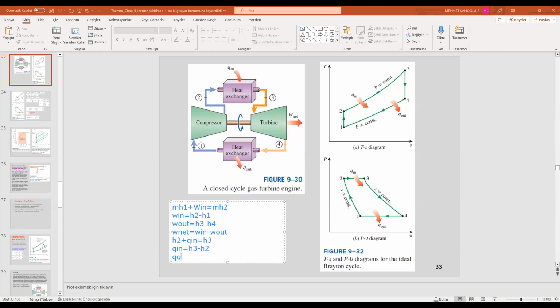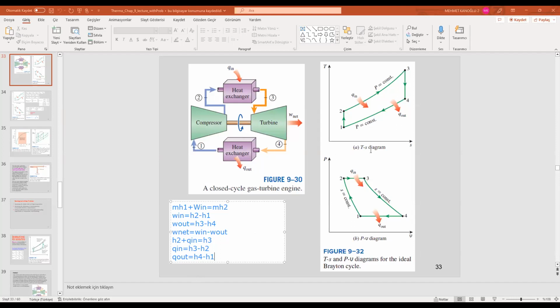Similarly, Q out is equal to h4 minus h1. So these are the heat input, heat output, work in, work out, and the net work terms for the cycle.